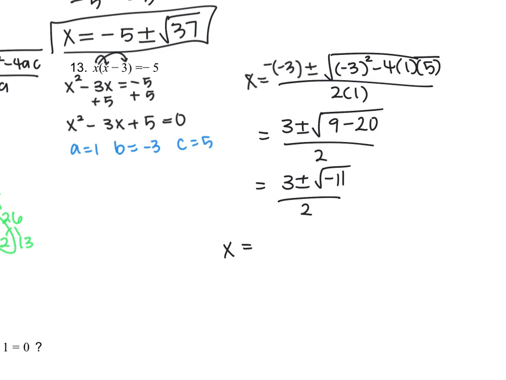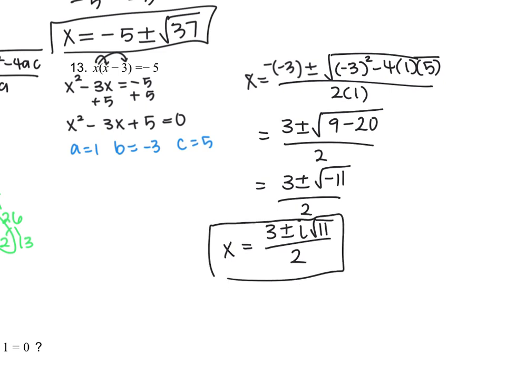The only thing we can do in simplifying our square root is write the i in front, representing the negative underneath the square root, because 11 does not simplify otherwise. So our final answer is x equals 3 plus or minus i square root 11, all over 2.